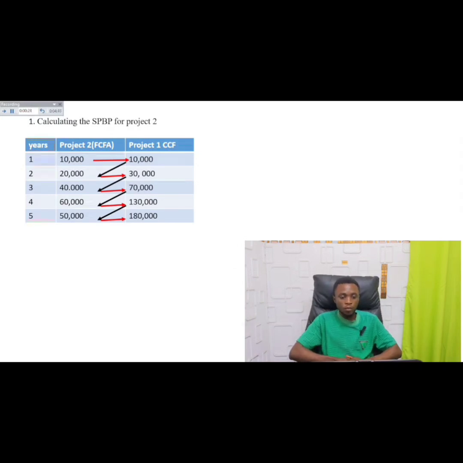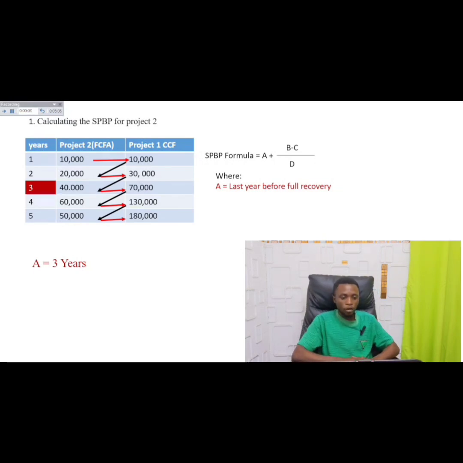But with Project 2, it is not exactly at year 3, so to calculate the simple payback period for Project 2, we use the formula A plus B minus C divided by D, where A is the last year before full recovery.